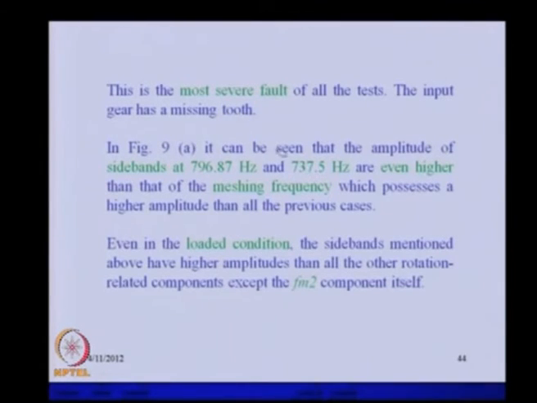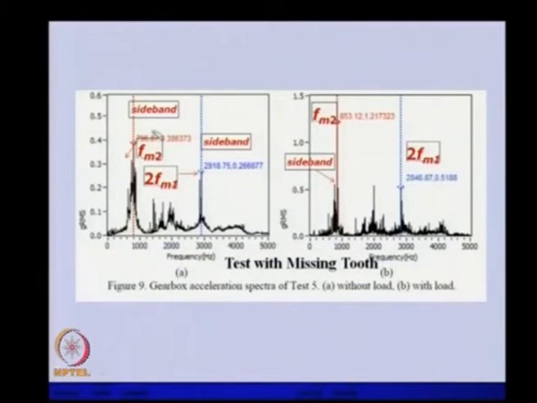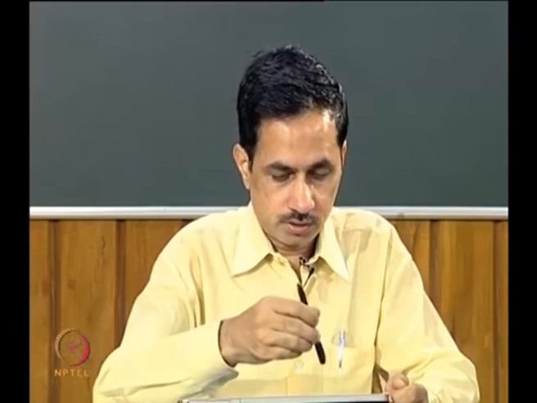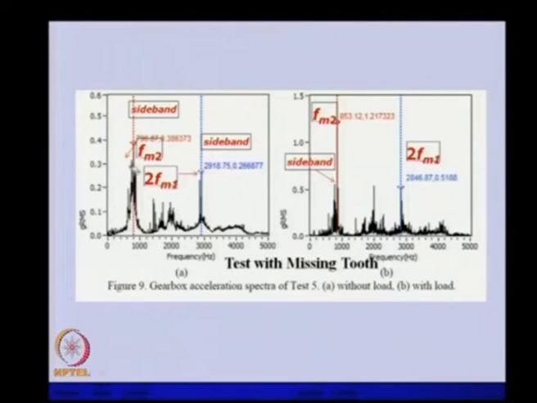In the previous figure, it can be seen that the amplitudes of the sidebands at 796 and 736 are even higher than the tooth missing frequency. So, at 796, FM2 is more predominant, but there are sidebands which are quite predominant. Here also, the sideband is more predominant. You can see 853. These are sidebands.